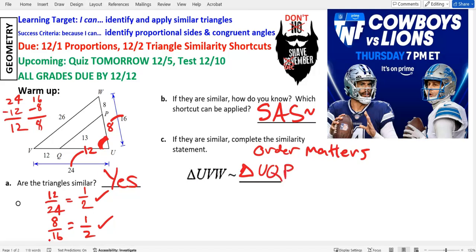I'm going to pass out these notes, or maybe you picked them up on the way in, either way. Similar triangles is what it says. We're going to knock this out real quick.